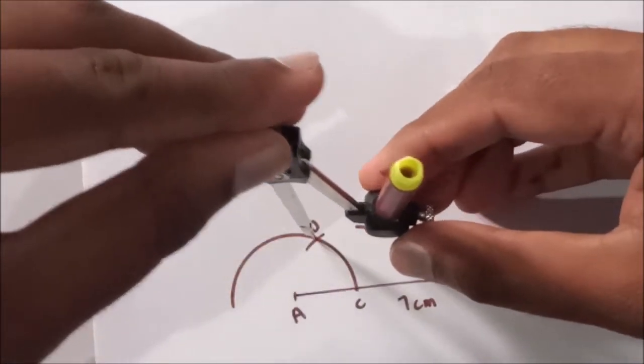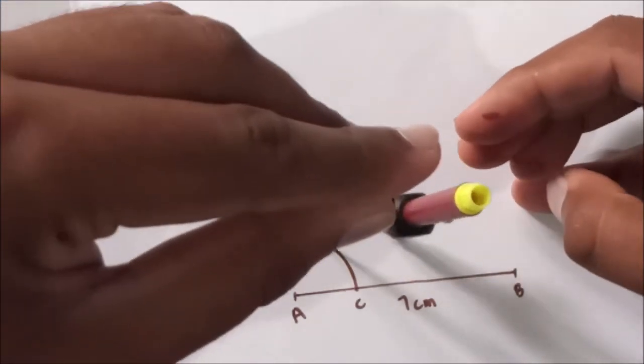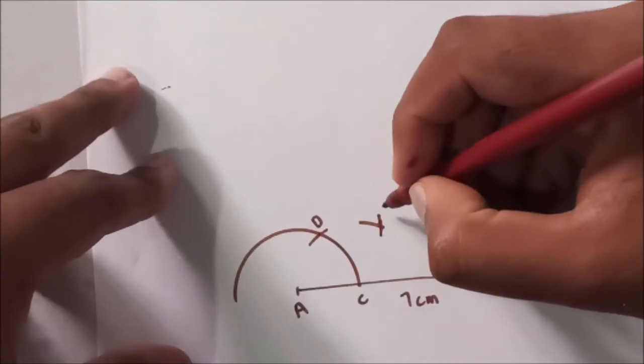Again from D, draw an arc. Now make it E.